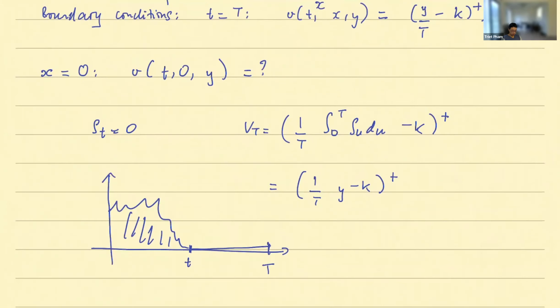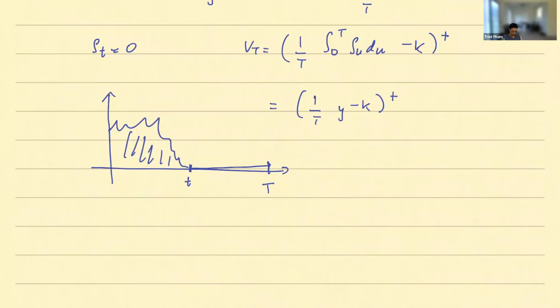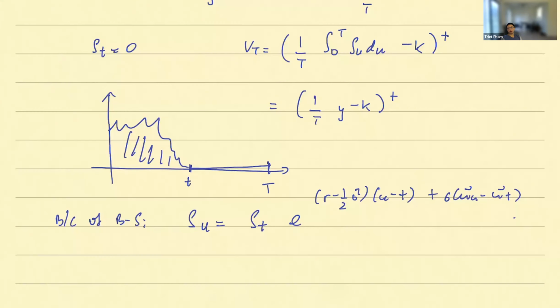So the current option price will be... Okay, so far. Yeah, because of the model. Right?